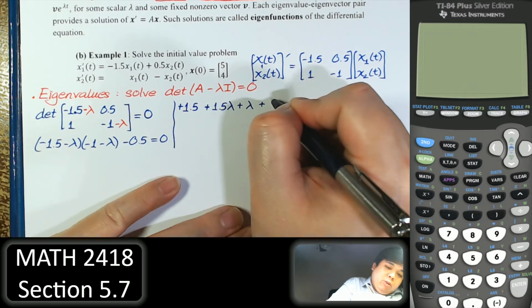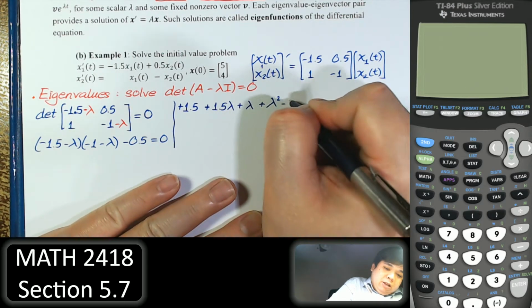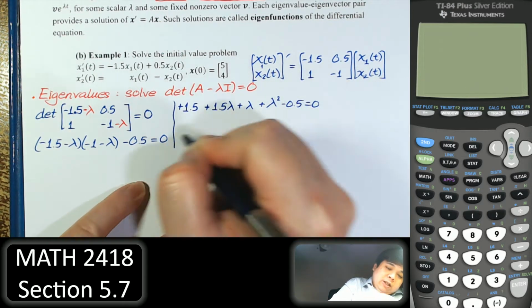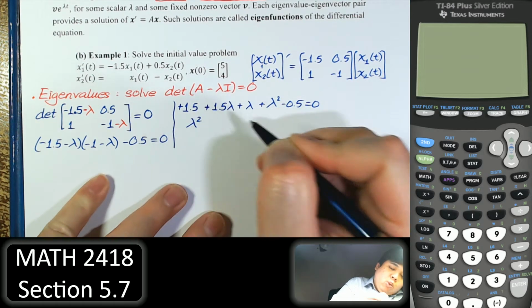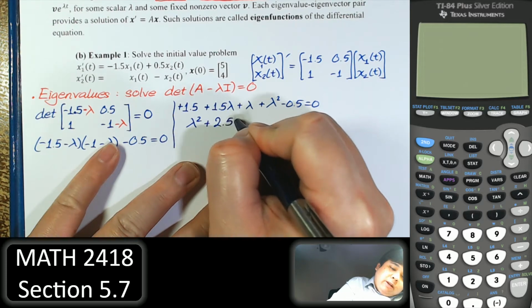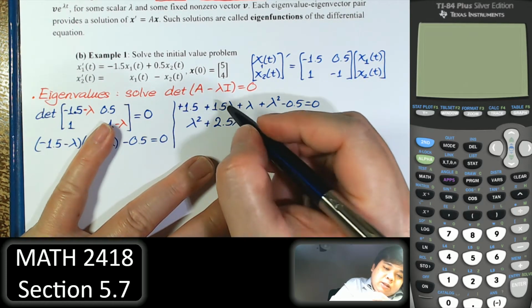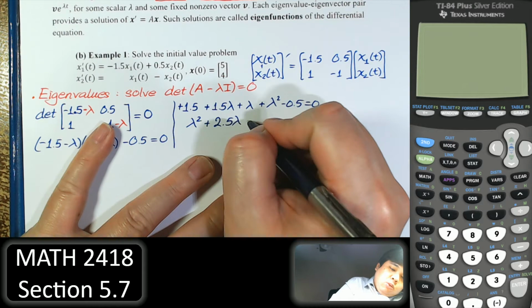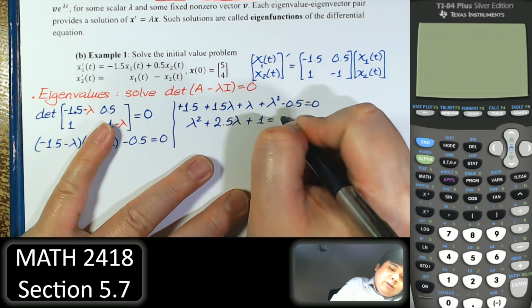All of them should be positive. Minus 0.5 equal to 0. And so we write lambda squared plus 2.5 lambda plus 1 equal to 0.